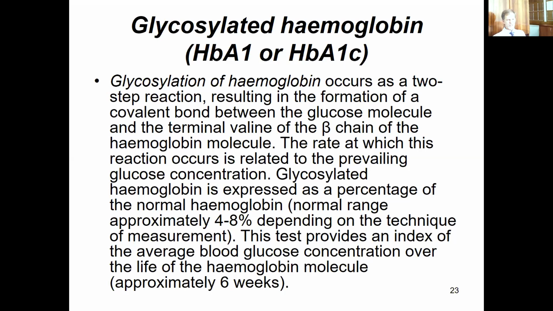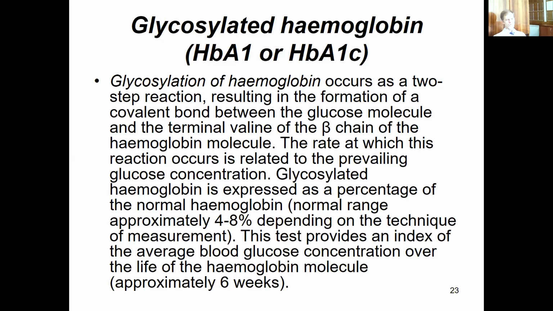Which proteins can we find in blood? Number one protein is hemoglobin. We have 160 grams per liter of hemoglobin. Hemoglobin is a protein, and that's why glucose can attach to hemoglobin, and in this case we talk about glycosylated hemoglobin.